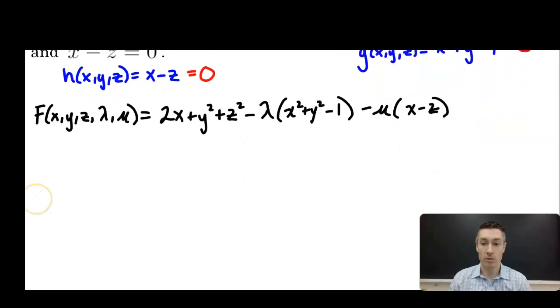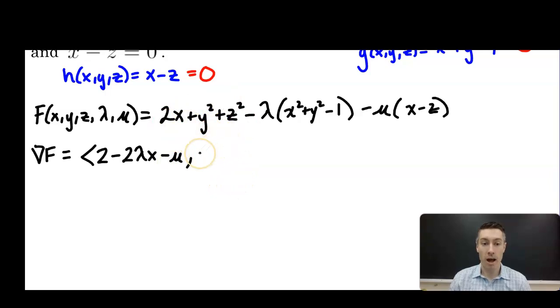Okay, so now we need to find the gradient of this function that we created. So with respect to x, that's going to be 2 minus 2 lambda x and minus mu. Almost forgot the mu part. Right? We now have another term to differentiate.